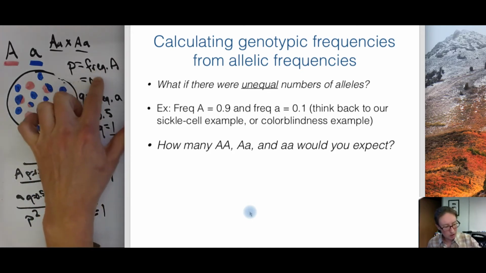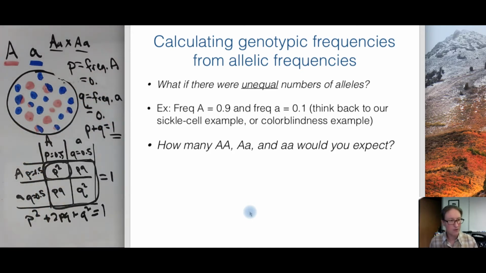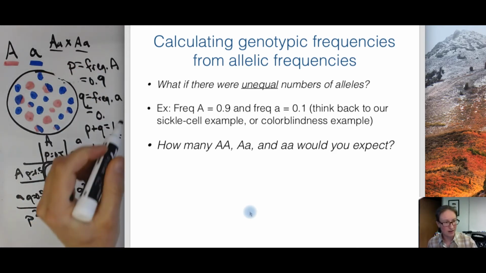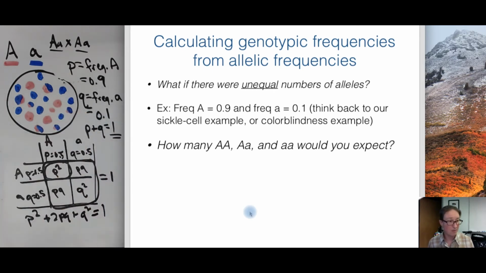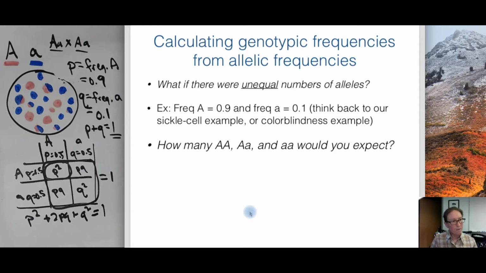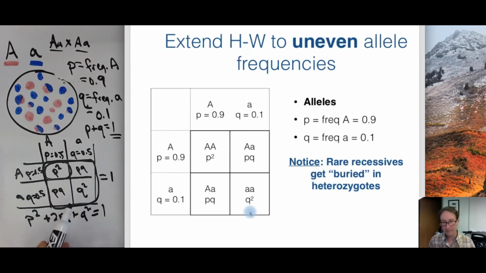So that's a situation where we're thinking about P, the frequency of one allele, as being a lot bigger, like say 0.9, and the frequency of the other would then be 0.1 to add up to all of them. So now we need to think about what we would expect for the genotype frequencies in the population. To get there, we apply the same mathematical process and calculate that out.